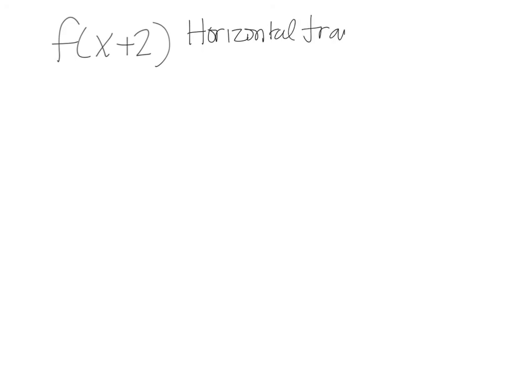So our next example is f of x plus 2. We're looking inside the function, and inside is opposite. So we want to say that it moves to the right because positive is to the right, but it moves opposite. It's a horizontal translation to the left 2.